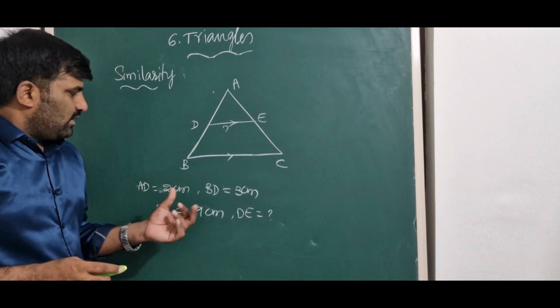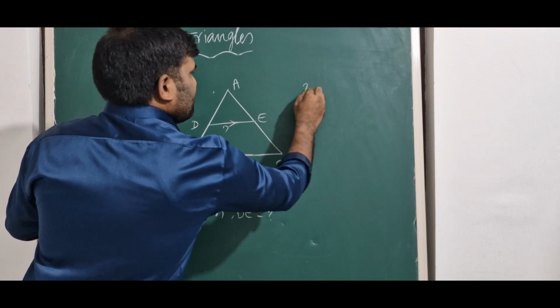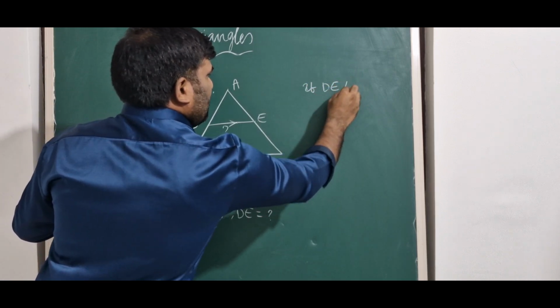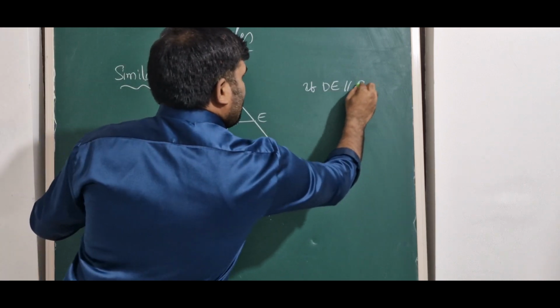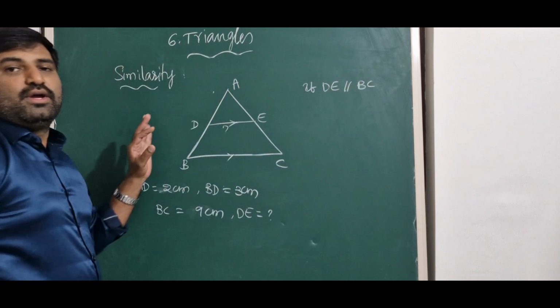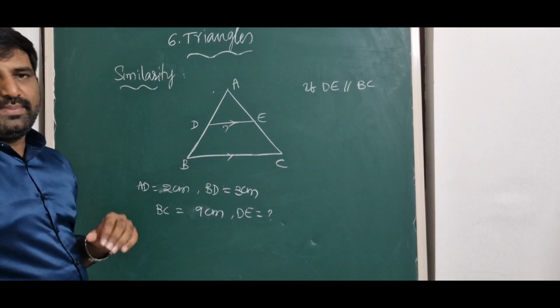Now I am explaining why we need to prove two triangles are similar, and why we will not get the DE value by using BPT.